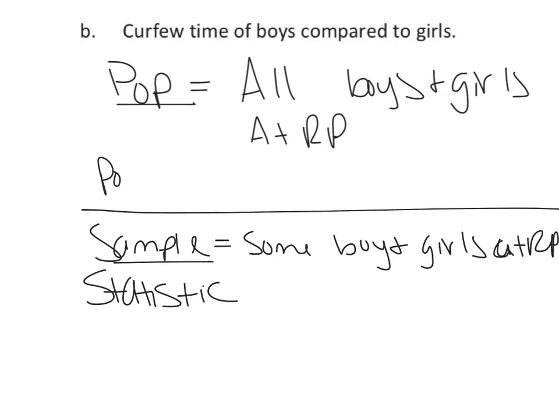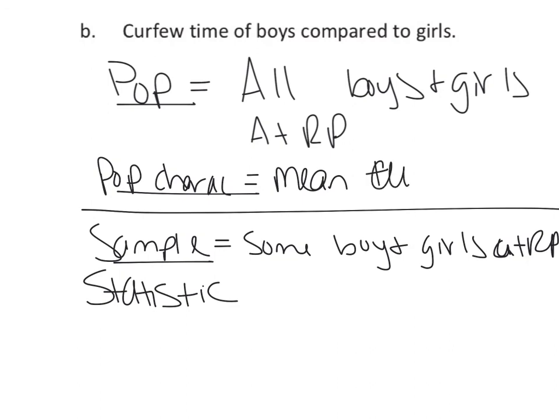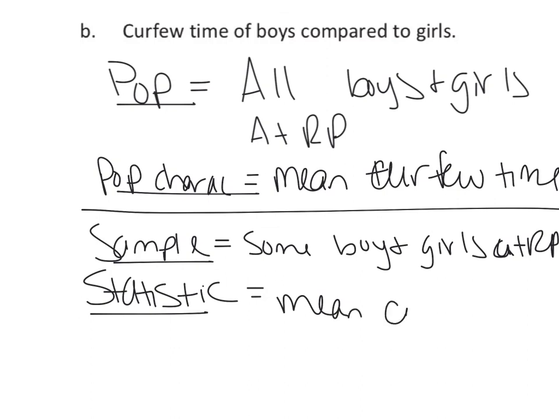The population characteristic that we could analyze would be maybe the mean, which is the average curfew time. The statistic would be the mean curfew time of the sample.